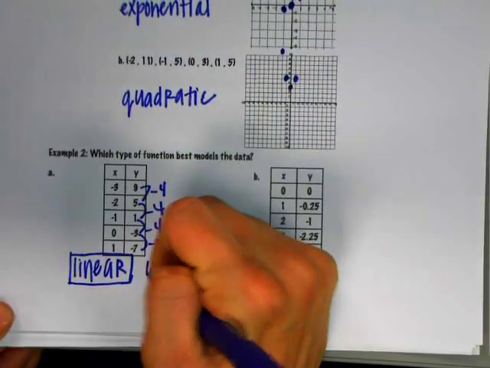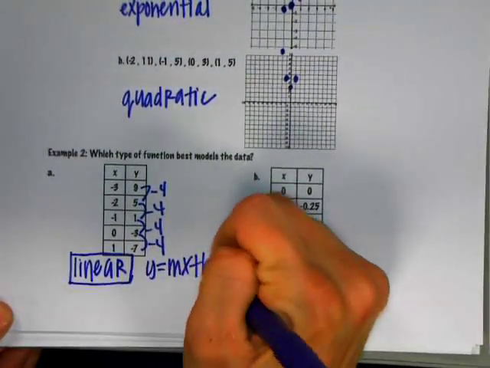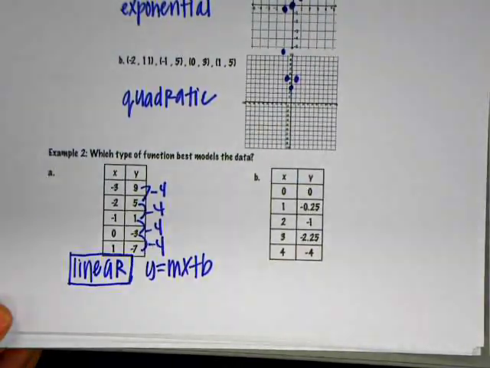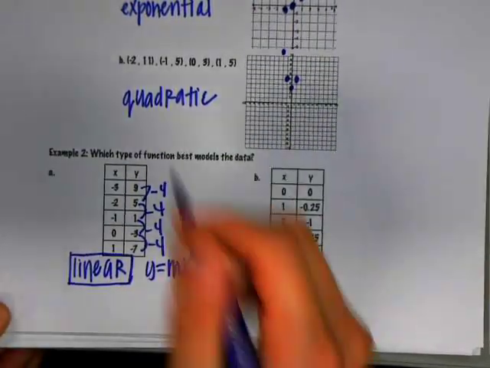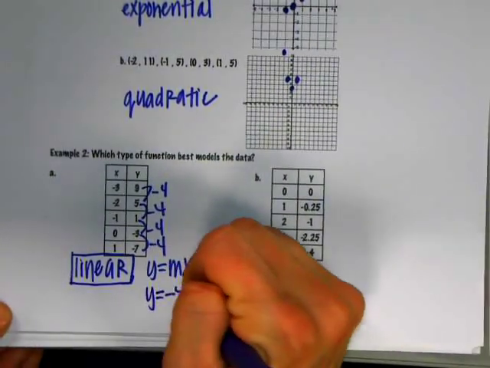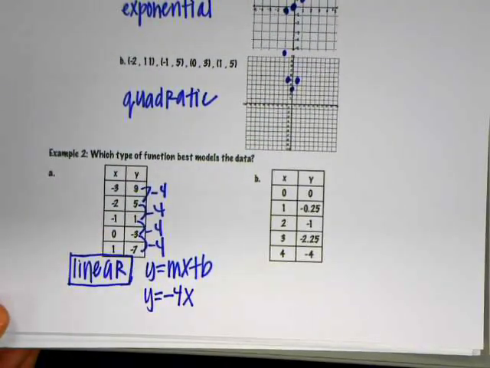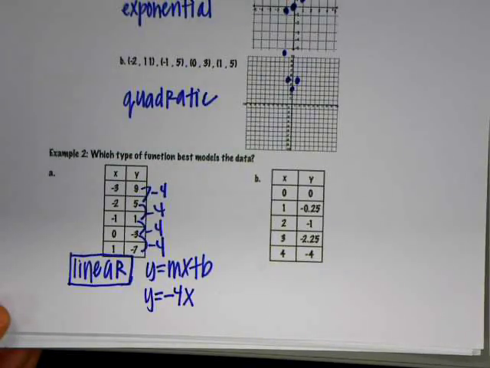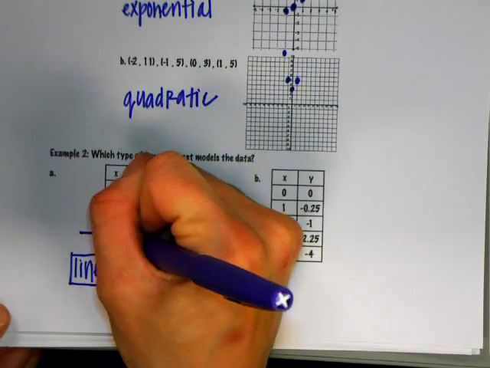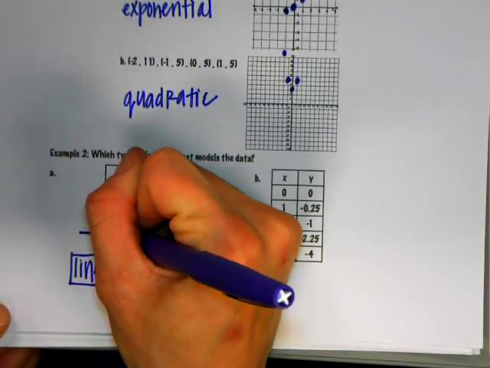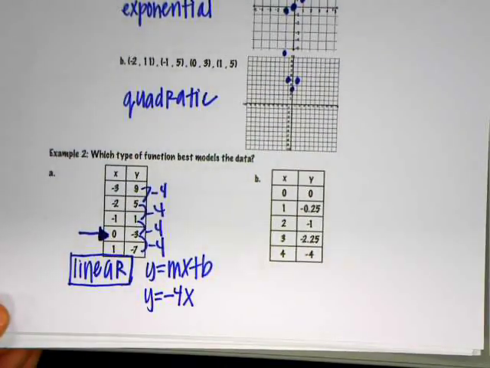Okay, so what is the standard form for linear? Y equals mx plus b. Okay, so the slope is the change in y over the change in x. The change in x is just 1. So how is the y changing? -4. Yep, so y equals negative 4x. And then remember your y-intercept is where x is what number? 0. So you're looking for where x is 0, and that tells you your y-intercept.